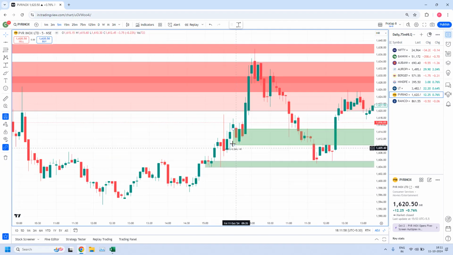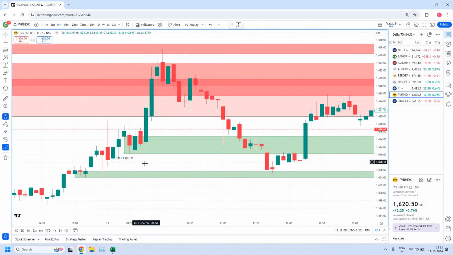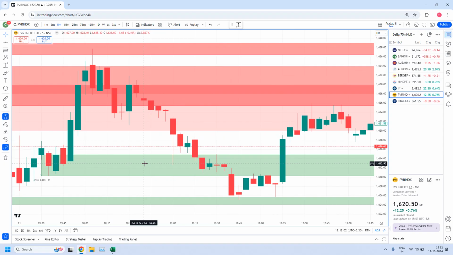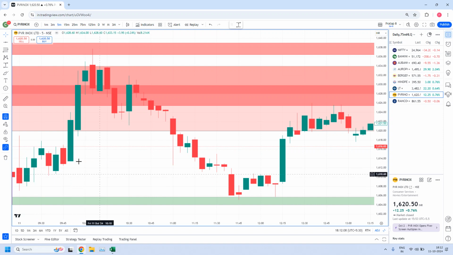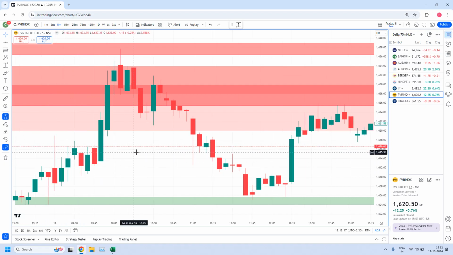See here, in the 5 minute area, there is no proper structure. Look at these candles. I am deleting this. Rally, base, drop, again rally, drop, rally. There is no proper structure. So definitely this area will have no order flow. Easily it will be violated.